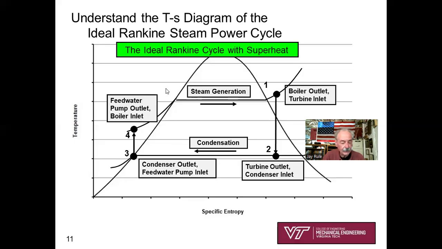You can think of the steam generator as a big vessel with lots of tubes inside it, adding heat into those tubes where we're generating superheated vapor from a compressed liquid. Okay, process 4 to 1, constant pressure. Process 2 to 3, that's the condenser process, constant pressure. That's the ideal Rankine cycle.